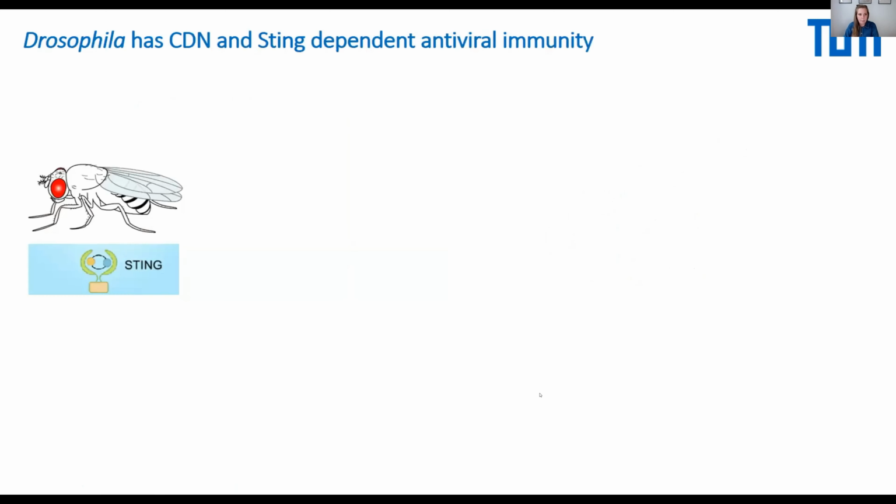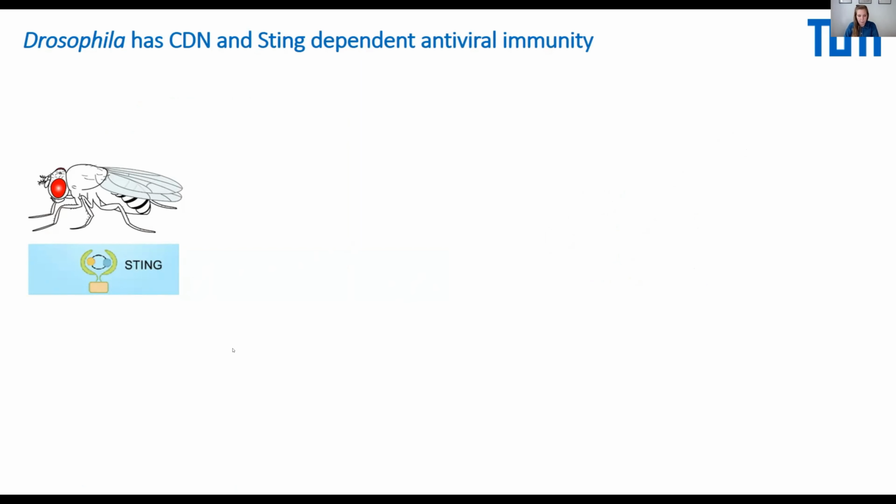So our collaborators are very interested in the fruit fly, so Drosophila. And Drosophila melanogaster is known to have a homologue of STING.